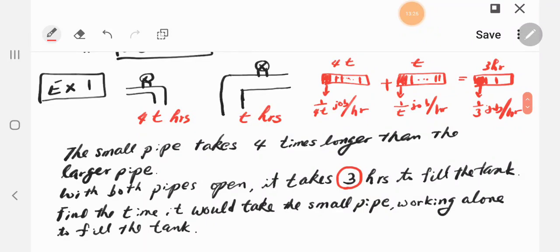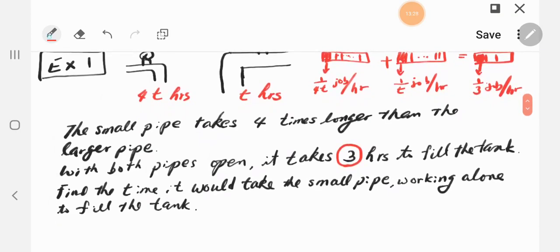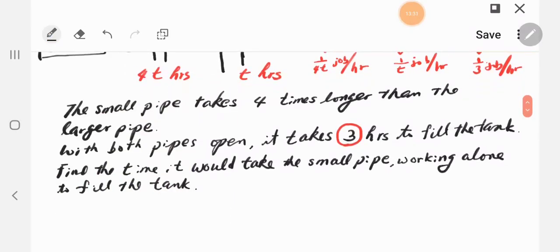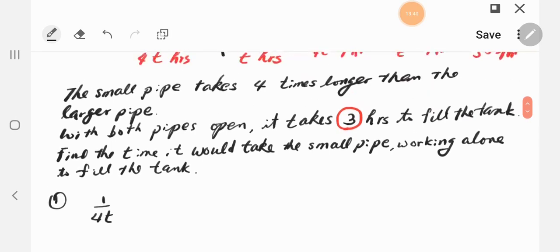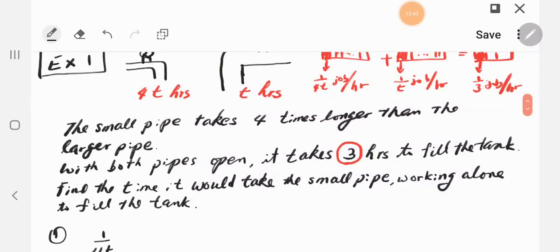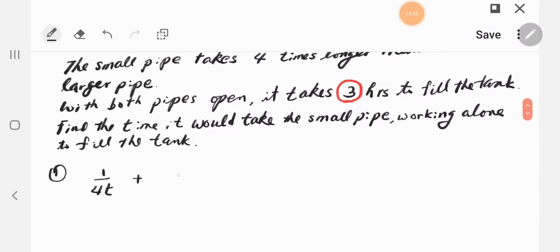Because the first one is 1/T. Okay, let me write 2 equations. The first one is 1/40 job will be done per hour for the smaller pipe. And the larger pipe will complete 1/T of the tank per hour.